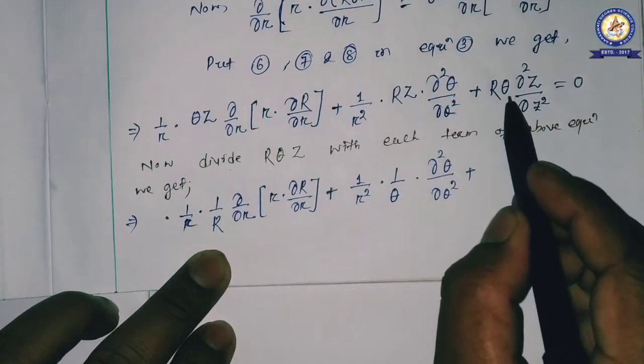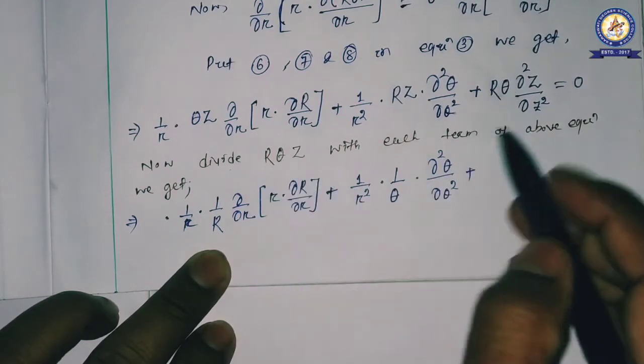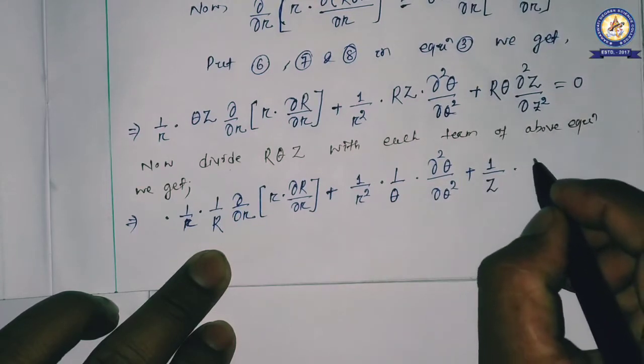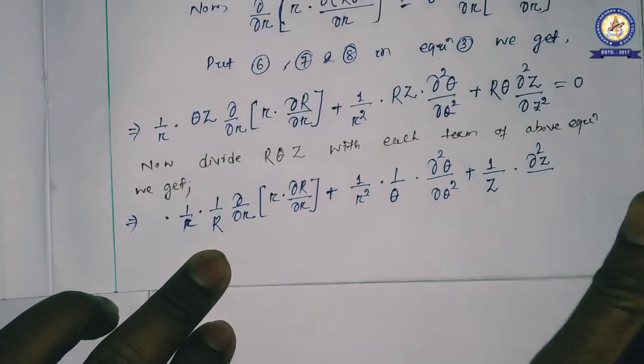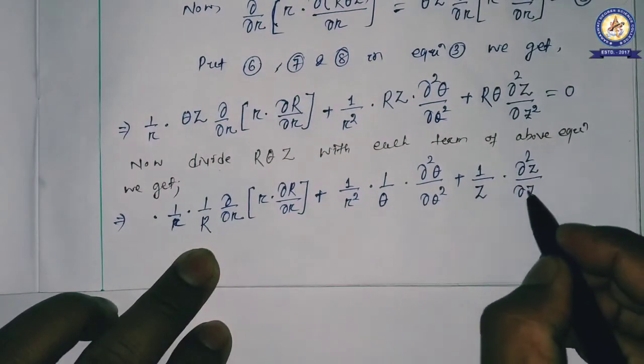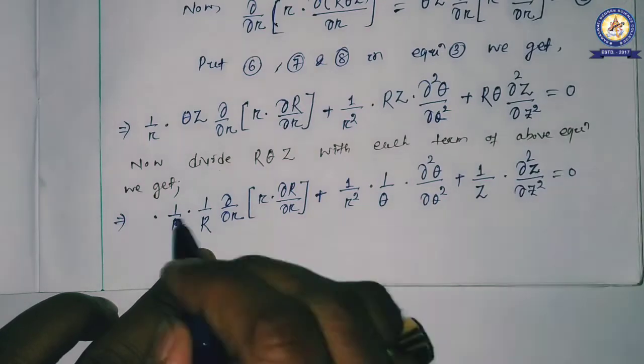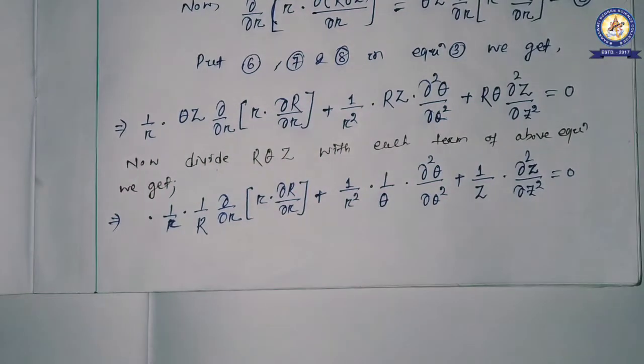We found that r theta got cancelled, 1 by Z into del square Z by del small z square equal to 0. This is capital Z, equal to 0.